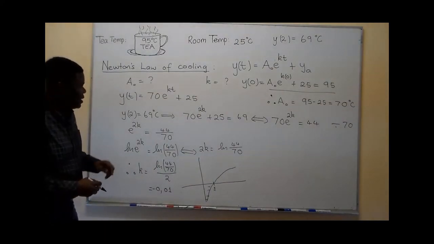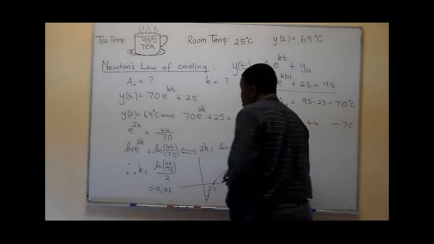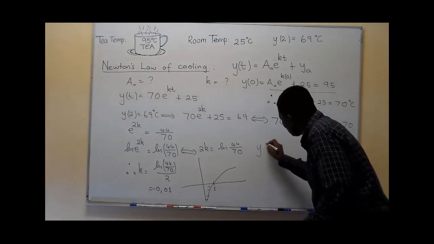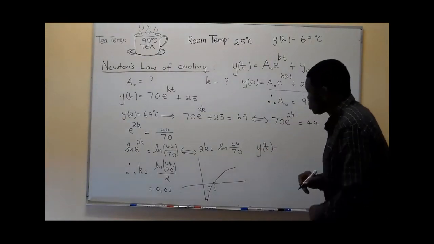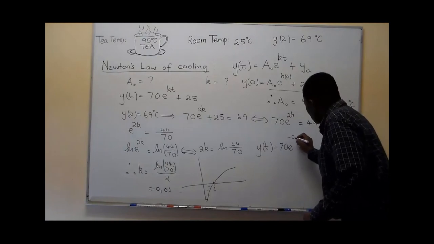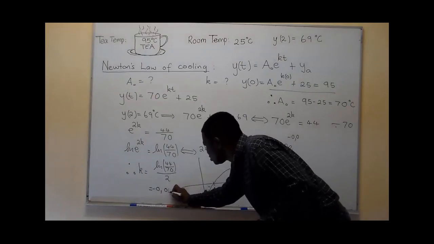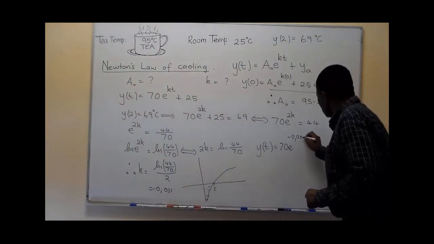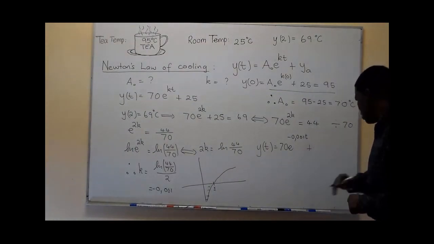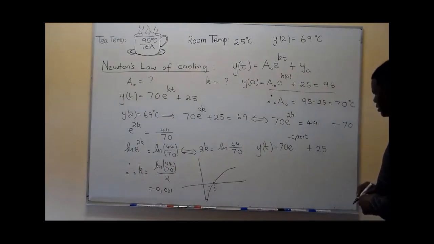So now having our A obtained, our k obtained, we can write the function which describes this particular situation of a cup of tea or coffee as y of t equals our A, which is 70, e to the power minus 0.001 t, plus the ambient temperature, which is 25 degrees.